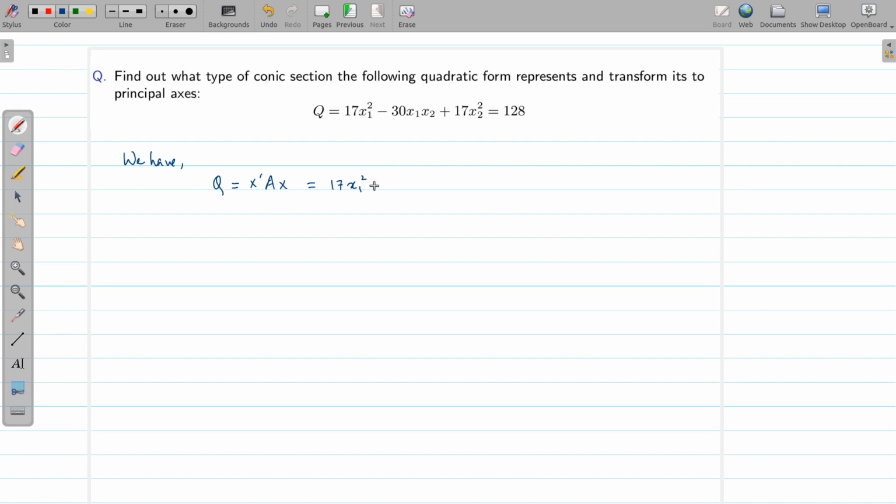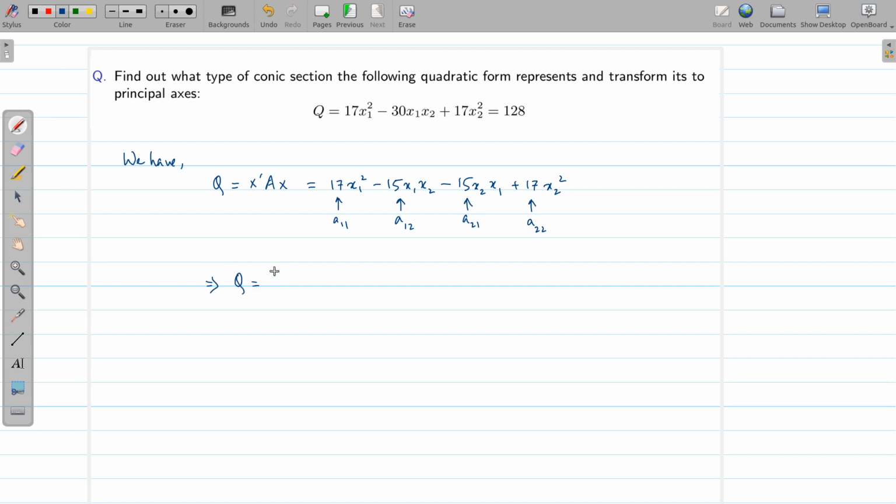The cross term I divide by 2, so it gives me minus 15 x1 x2, and then again minus 15, but this time I'll write it as x2 x1, doesn't matter, plus 17 x2 squared. So from here immediately we get this is A11, this is A12, this is A21, and this is A22. We are able to identify A.